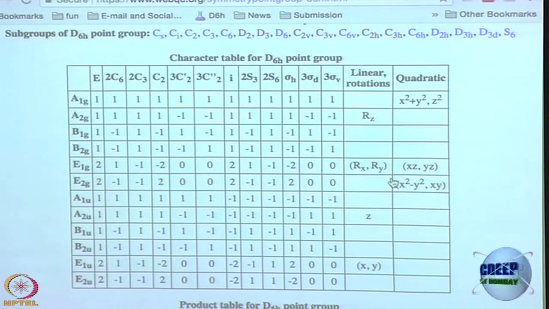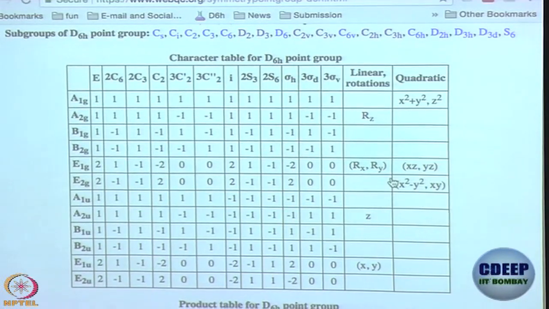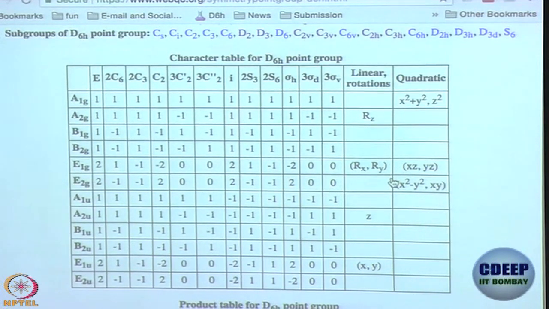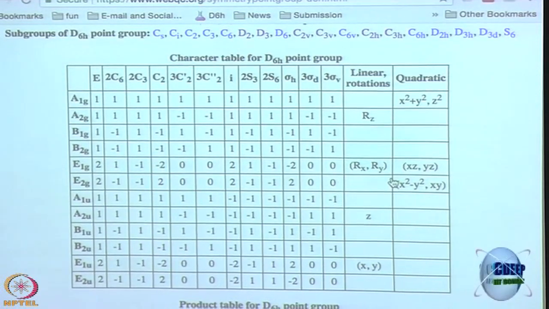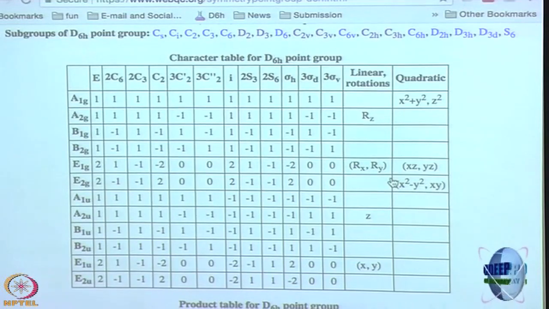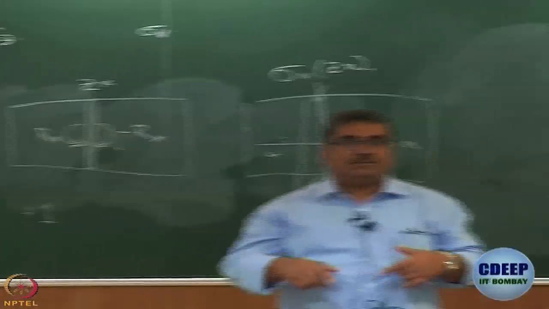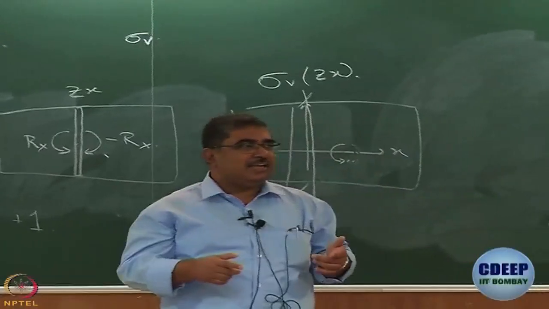Okay? There is nothing wrong if you incorporate dash and double dash in the molecular nomenclature of these irreducible representations, but it is not necessary. Okay? Right. That brings us to the end of this discussion. We will now proceed to talk about wave functions as basis.